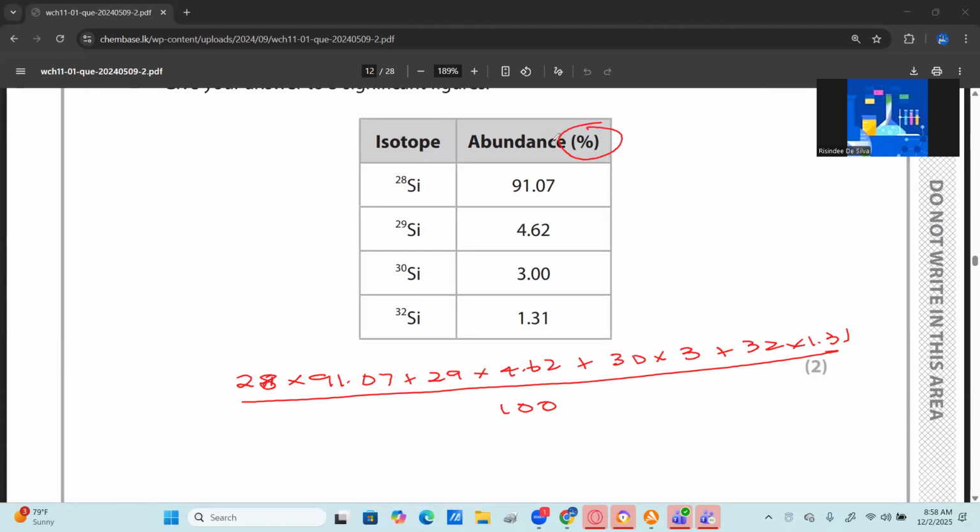If they haven't given it as a percentage, children, you need to find the total number of atoms and divide by that. So when you find the answer, you get 28.15. They have asked to keep it to 3 significant figures, so it should be 28.2. That's the answer for that.